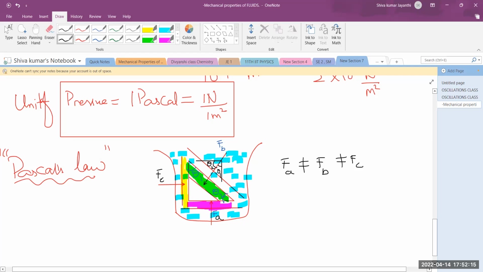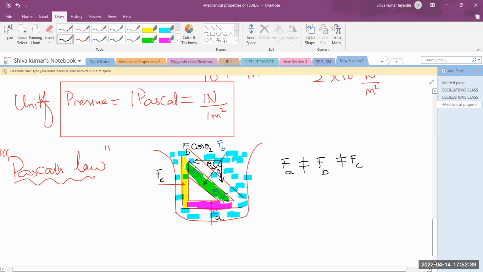You see, this force FP is like this. We split it up into two components. One force this way, one force this way. What is this component? Theta 2. I told you, it will be FP cos theta 2. Why is it FP cos theta 2?